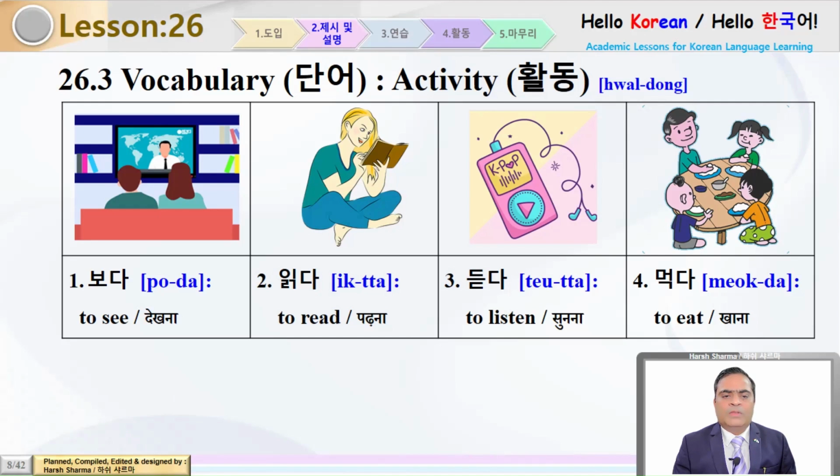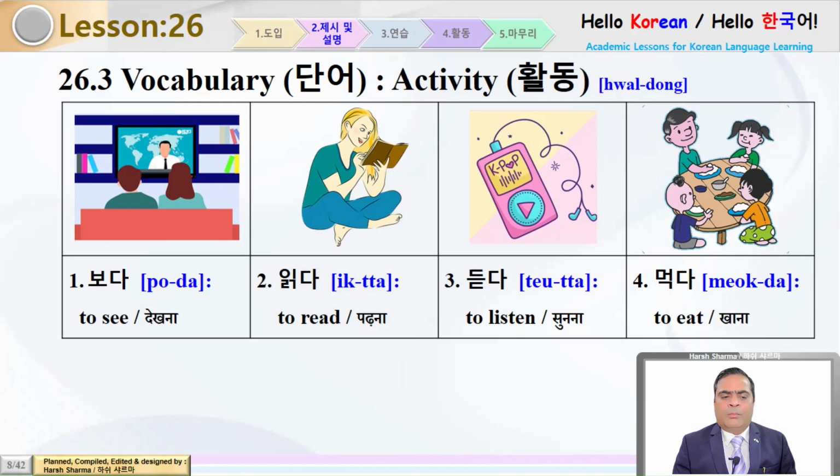Say, 보다. Number 2, 읽다. Please keep doing repetition, 여러분. Number 3, 듣다.